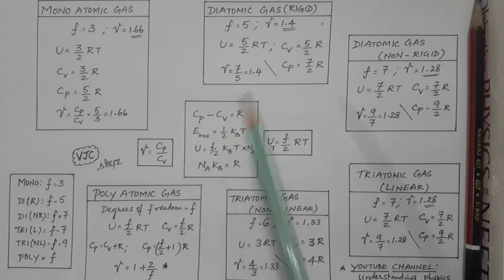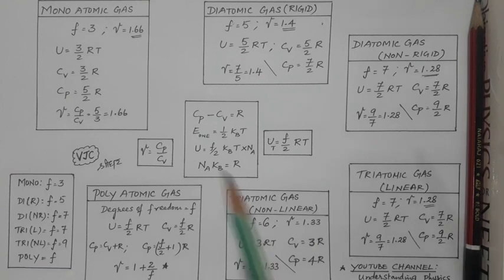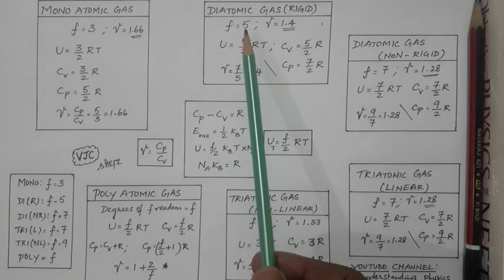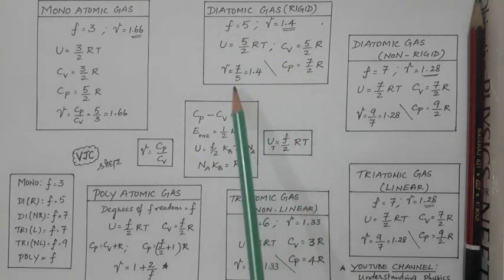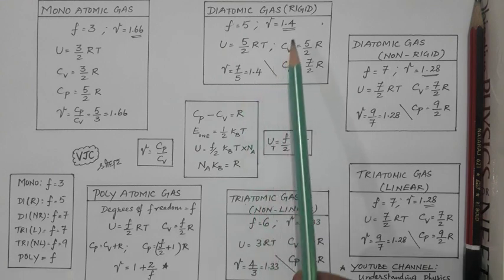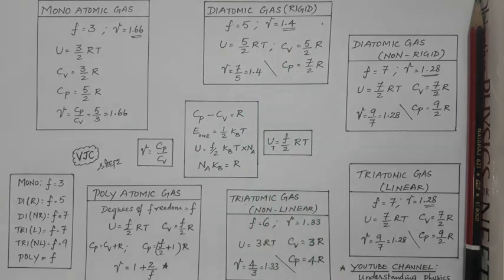When you come to diatomic gas, let us say H2, O2, and if it is rigid, the 2 atoms are rigid, just like a dipole, then the degrees of freedom will be 5. And again, the values are given, and gamma is 7 by 5, that is 1.4.